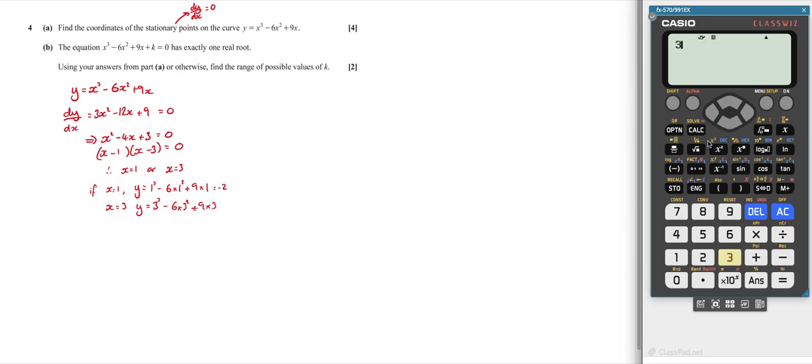So let's try that. 3 cubed minus 6 times 3 squared plus 9 times 3, which is 0. So my stationary points are 1, minus 2 and 3, 0.